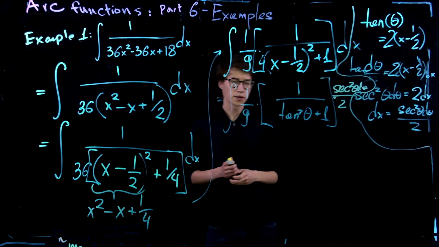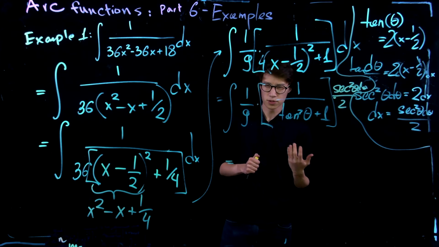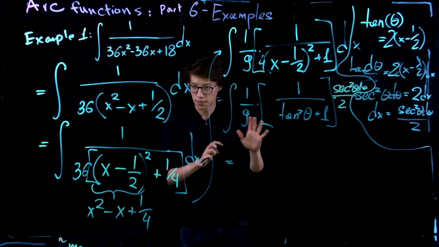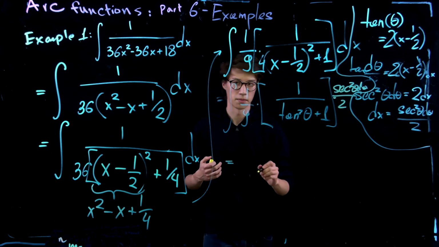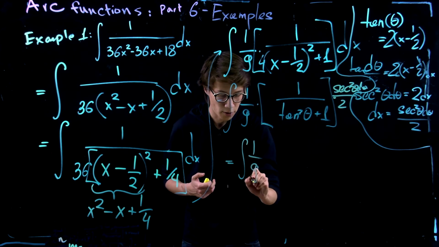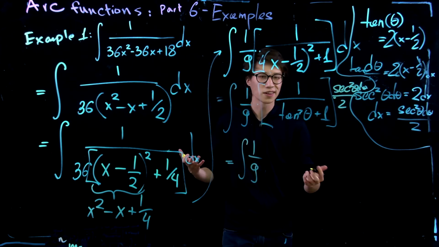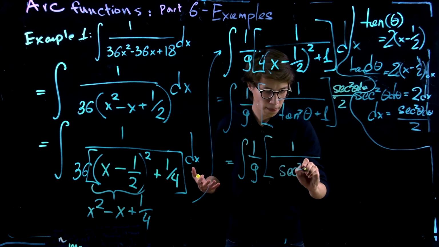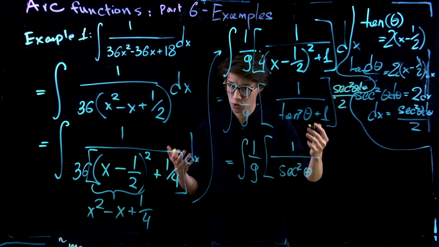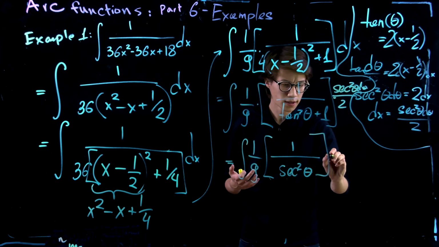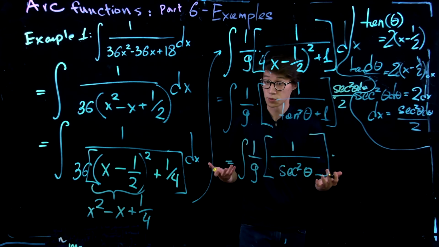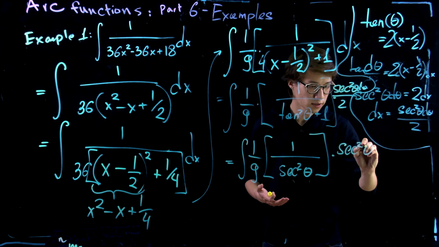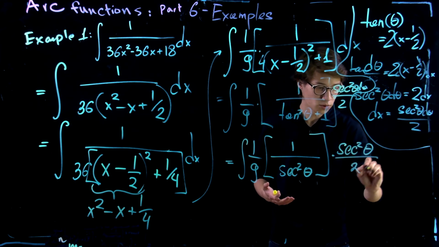And if we remember our trig identities, we also know that tangent squared plus 1 equals secant squared. And we can see how nicely this simplifies and leads us to the solution of this problem. So therefore we have our old carried over coefficient 1 over 9, 1 over secant squared, which came from tangent squared plus 1 equals secant squared, times the expansion of dx that we did using the d theta, which was secant squared theta divided by 2 times d theta.